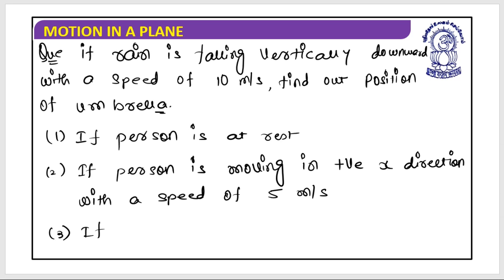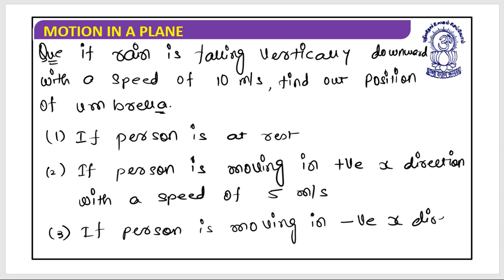And next, if the person is moving in negative x direction with the same speed, 5 meter per second. So these are the questions. Go through them very carefully and let me know how we should proceed.